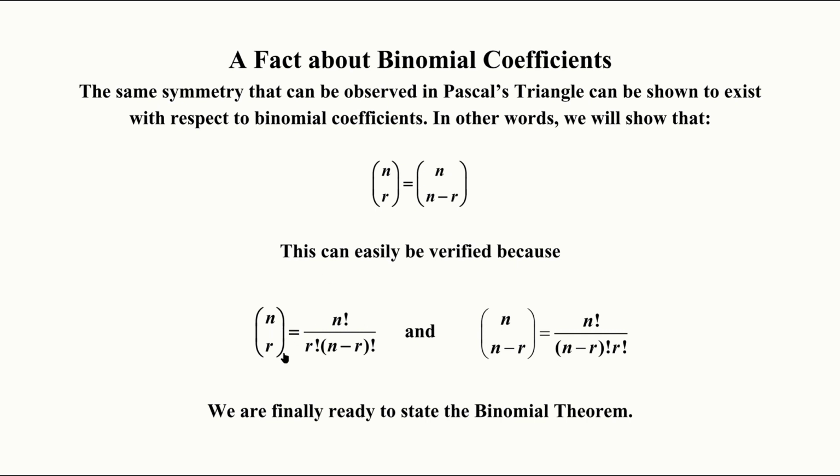Because we know what n choose r is, right? N choose r is n factorial over r factorial times quantity n minus r factorial. And what is n choose n minus r? Well, that's going to be n factorial over quantity n minus r factorial times, remember what this is going to be.